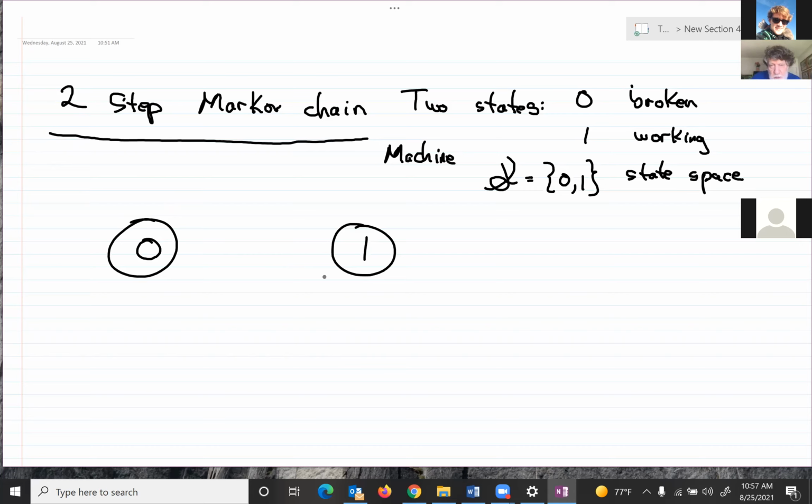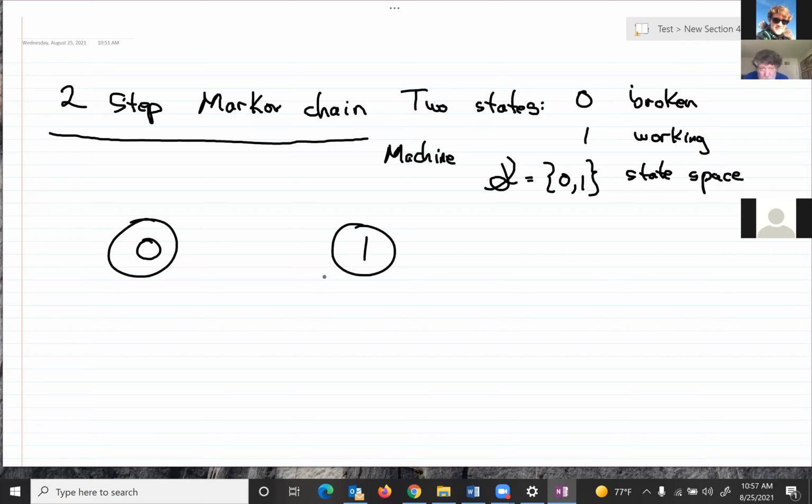And as the machine functions or doesn't function throughout the day, you could be going from one state back and forth to another. So let's assume I'm going to use numbers. This is one difference from what the book is doing. The book does this a little more abstractly, but I'm going to use numbers because I think it'll help people track the argument, at least initially. But I'll warn you, after some time, I will go to some symbolic representation of what I'm doing.